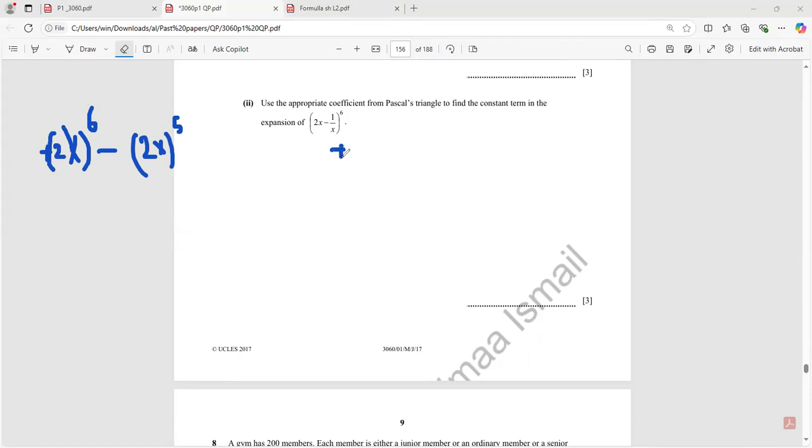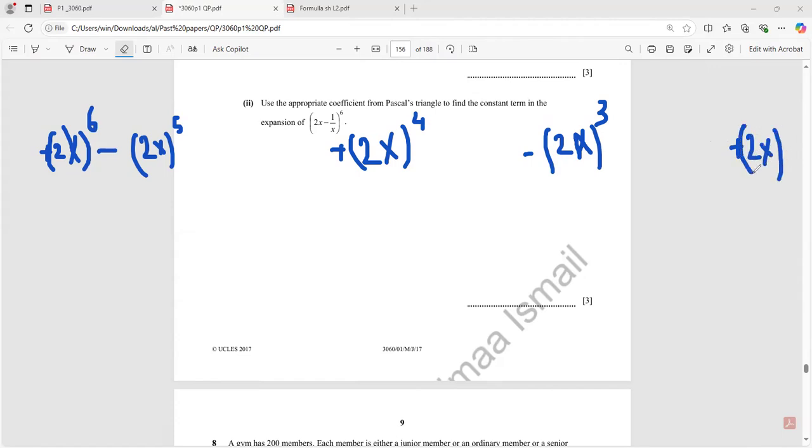Plus 2x to the power of 4, then 2x to the power, here it is minus 1, plus 1, minus 1, to the power of 3, plus 2x to the power of 2, then minus 2x to the power of 1, and done.